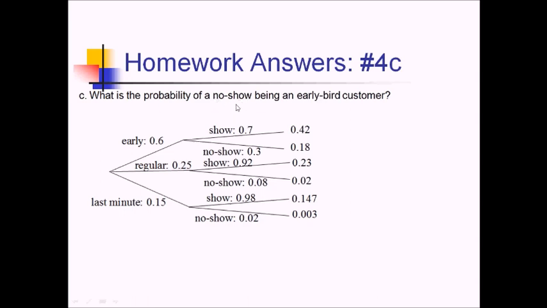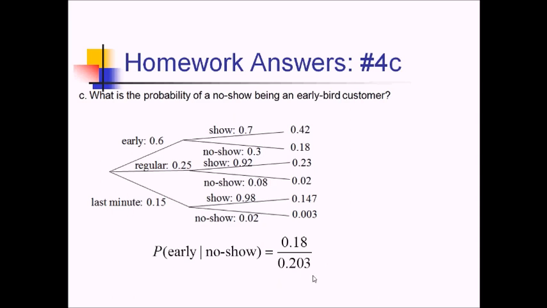So out of all the no-shows and only the no-shows, what are the chances that this randomly selected no-show is an early bird? So we need to take the 0.18, and now we're going to divide it by the chances that you're a no-show. So that's going to be that 0.203 that we found in part A. Or you could get that again by adding 0.18, 0.02, and 0.003.